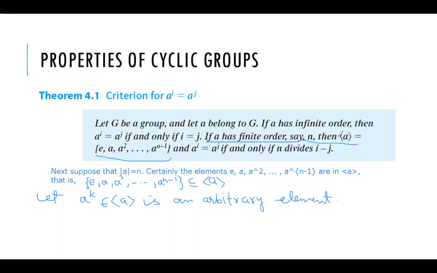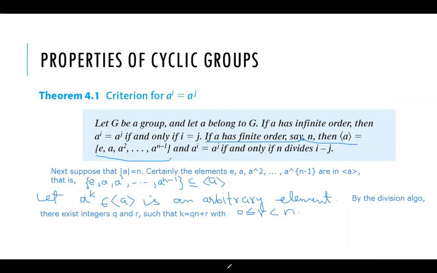Now, by the division algorithm, there exist integers q and r such that k is equal to qn plus r, with the property that the remainder r is greater than or equal to 0 and less than n.